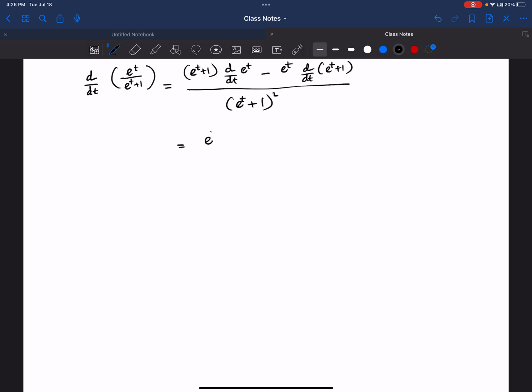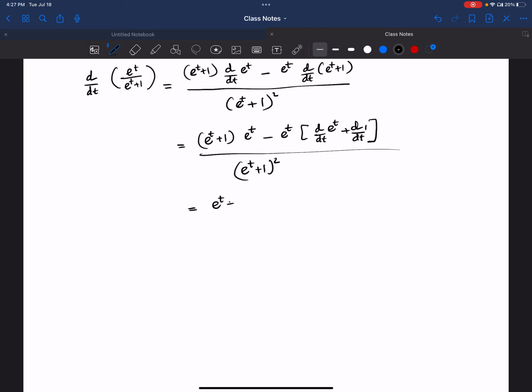So I can use e to the power t plus 1. This is just e to the power t minus e to the power t times d over dt, using the summation rule, of e to the power t plus 1, which is d over dt of 1, divided by e to the power t plus 1 squared. So we have e to the power t plus 1 times e to the power t, minus e to the power t times the first derivative, e to the power t plus 0, divided by e to the power t plus 1 squared.